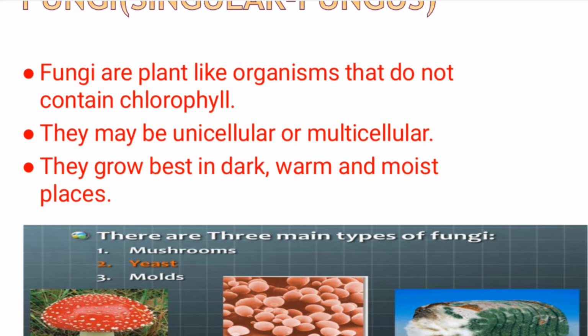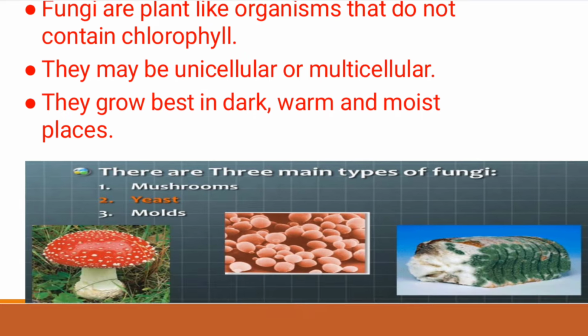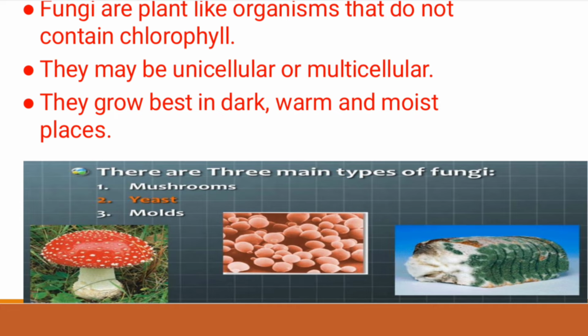These fungal hyphae grow in such places. You might have seen some types of fungi in your daily life also, especially during the rainy season when the weather is humid. At that time this fungal growth is much more.